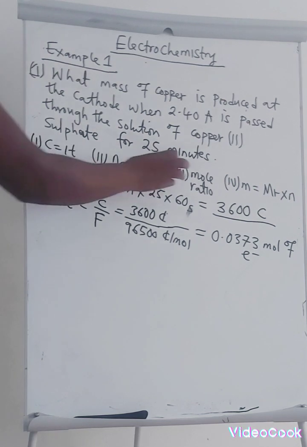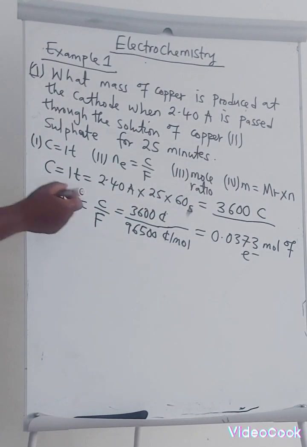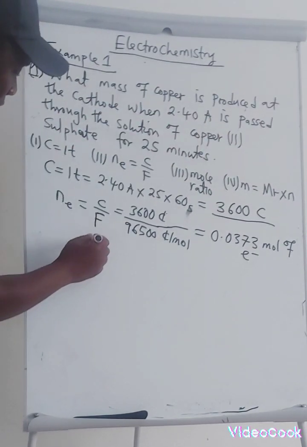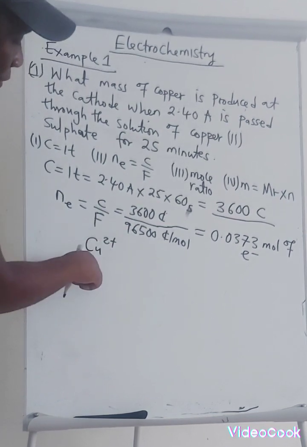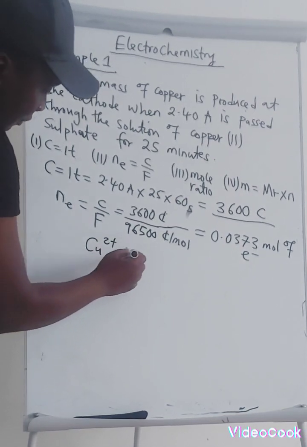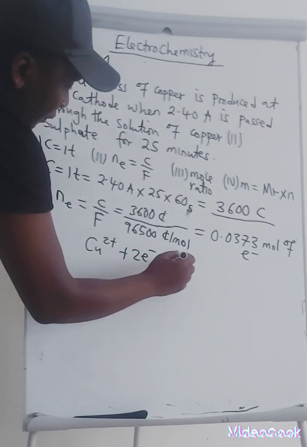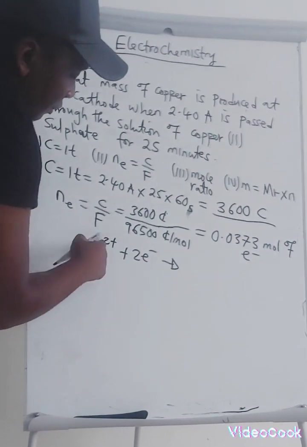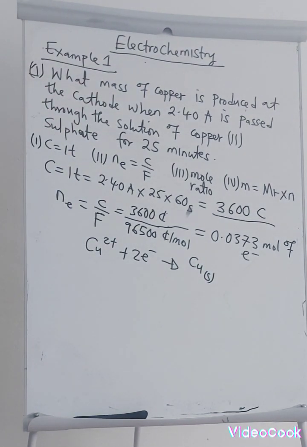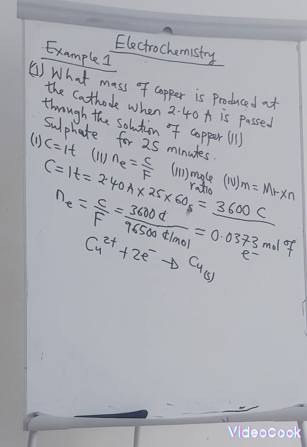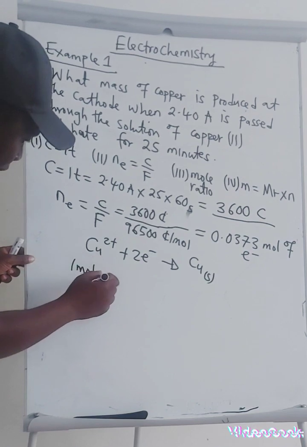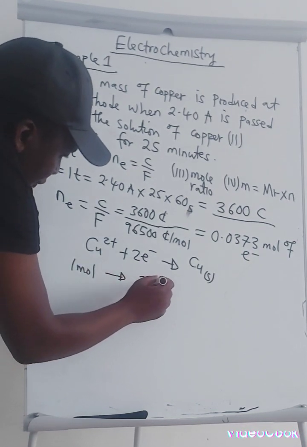Then the third step is the mole ratio. What was the charge? It was copper 2+. How many electrons will reduce copper to copper metal? 2 electrons, since the charge is 2. So 1 mole of copper is equal to 2 moles of electrons.